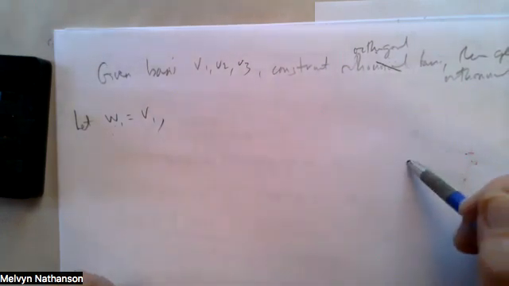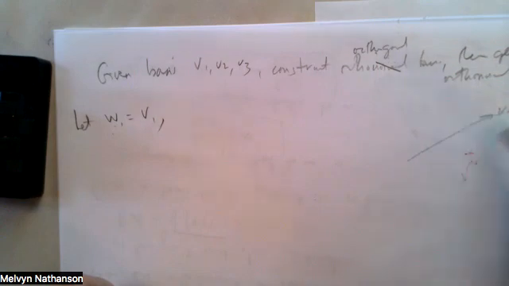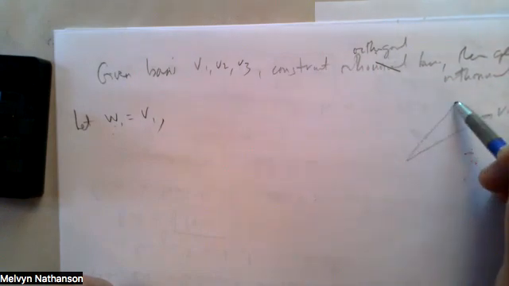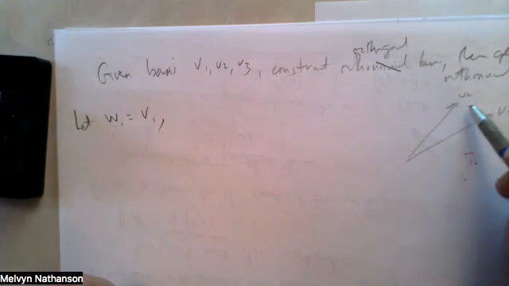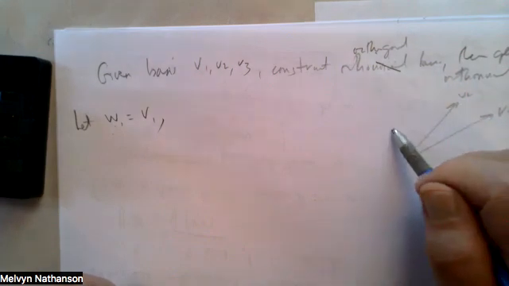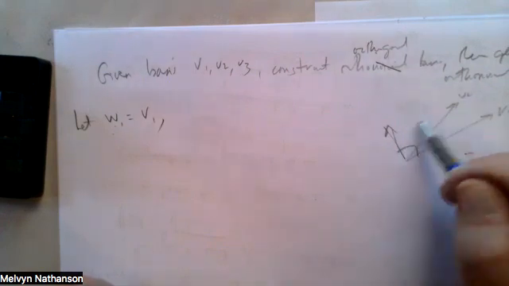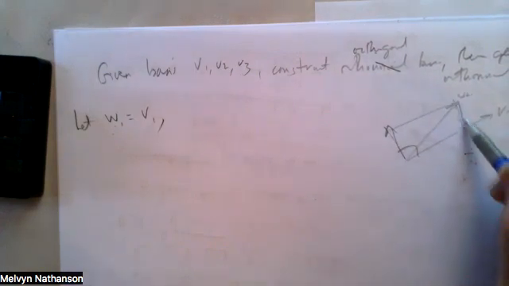So imagine here we have V1, which is W1. Here we have V2. I want to find the component of V2 perpendicular to W1.